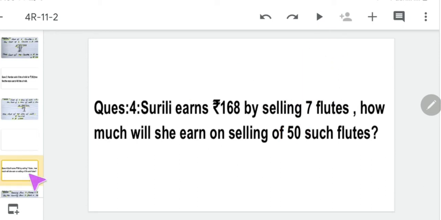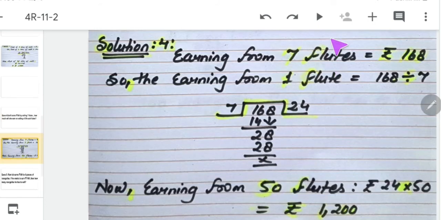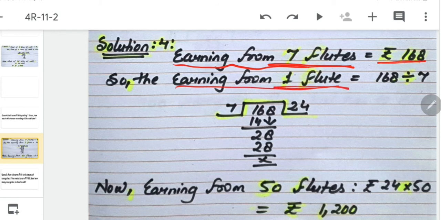So let's see how we have to do it. You can see here, earning from 7 flutes is 168. So the earning from 1 flute is 168 divided by 7. So this is the division you can see here. We all know that 7 multiplying with 2 gives us 14.